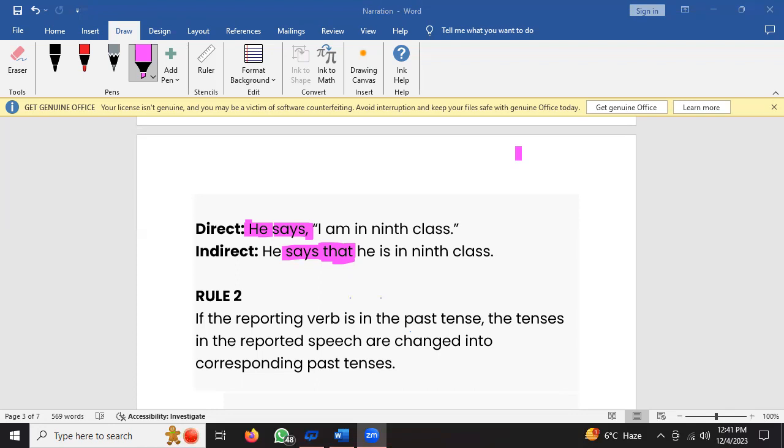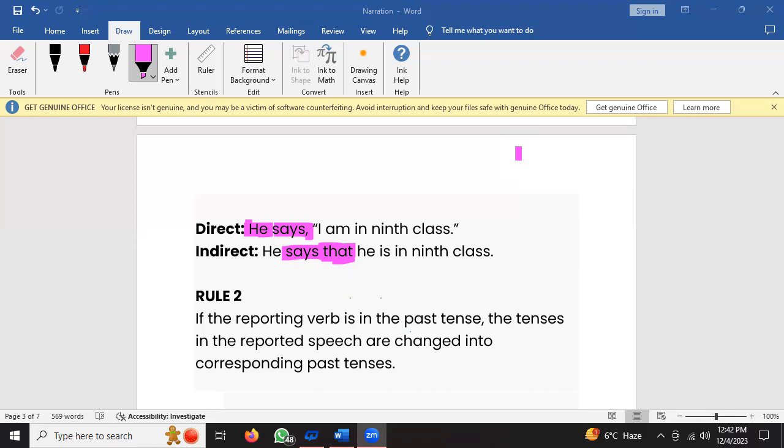Mostly that is used as a conjunction in all the sentences, but when we talk about the types of sentences, for example, imperative sentences and exclamatory sentences, in some particular cases we omit this that. We do not use that in some of the cases, but that is almost always used in indirect speech.